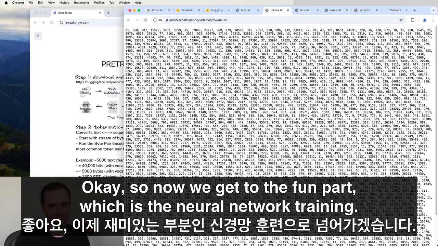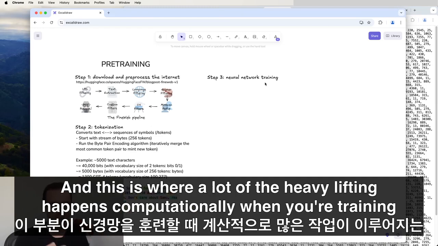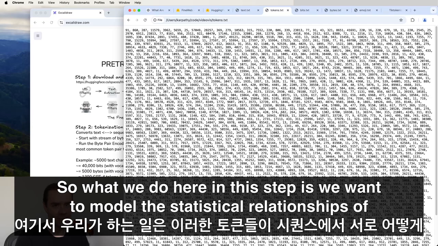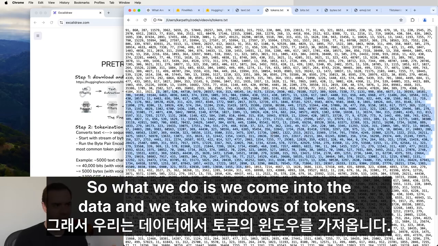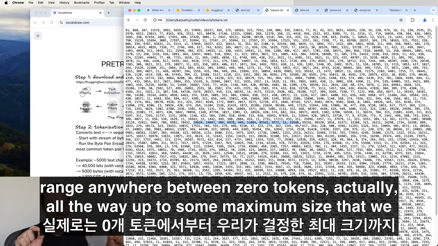Okay, so now we get to the fun part, which is the neural network training. And this is where a lot of the heavy lifting happens computationally when you're training these neural networks. So what we do in this step is we want to model the statistical relationships of how these tokens follow each other in the sequence. So we come into the data and we take windows of tokens, fairly randomly. The window's length can range anywhere between 0 tokens, all the way up to some maximum size that we decide on.